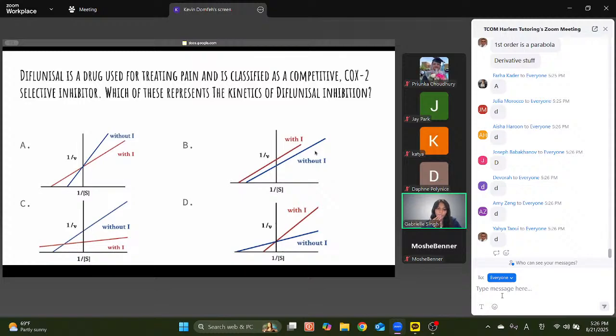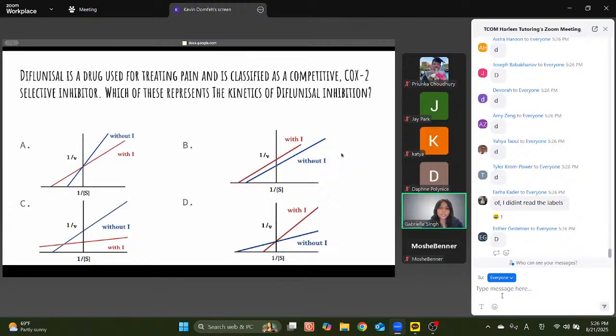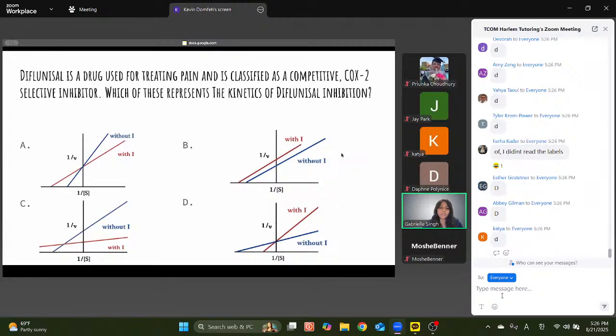Okay, I'm seeing a lot of D. Yes, you have to read if it's with or without. All right, so I'm seeing a lot of Ds.